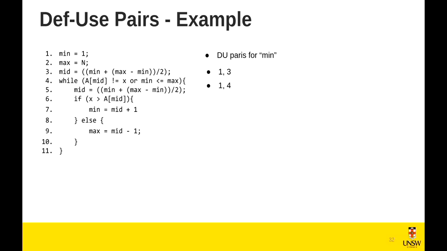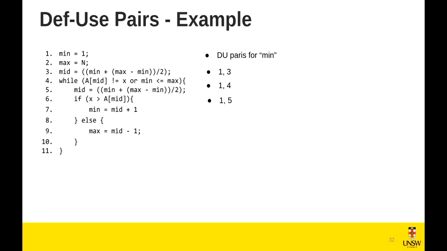And the third one, 1 and 5. And the next one, 1 and what? 6 is not min, it's mid. This is mid, not min. 1, 7. 7 is actually a def again, right?